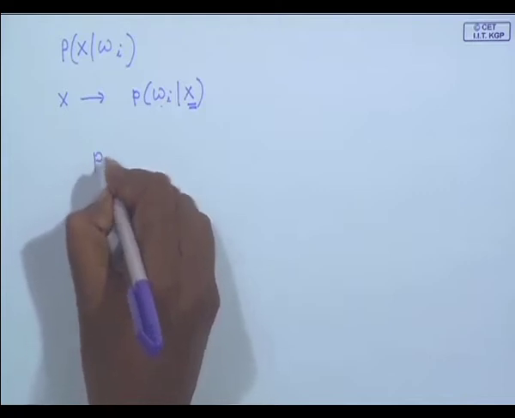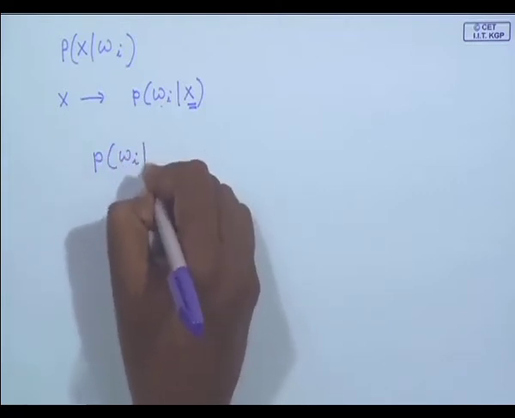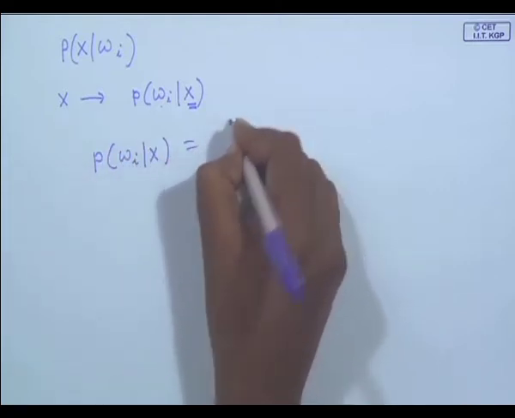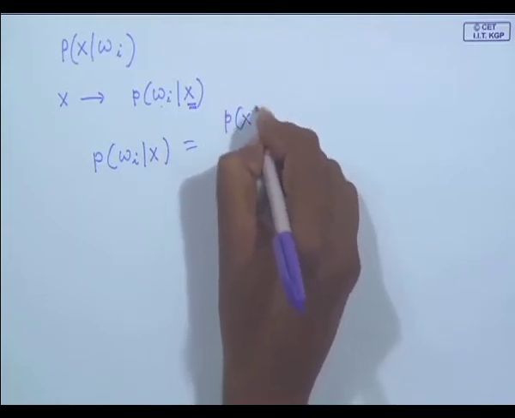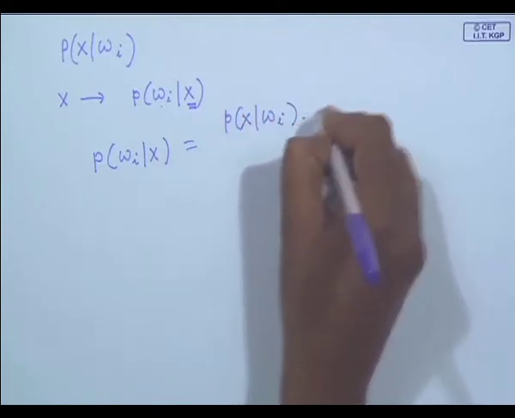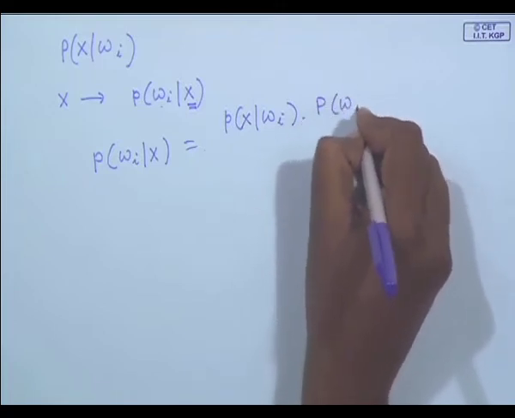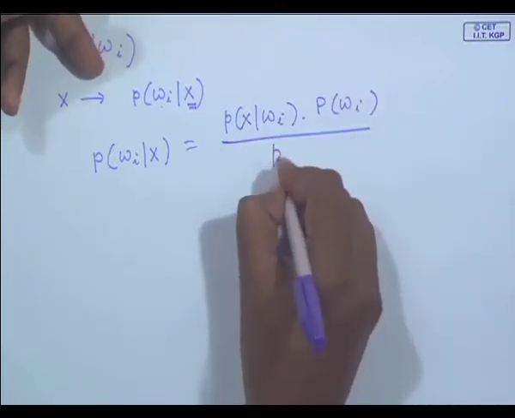And along with that, we can have an a priori probability: what is the probability of occurrence of a particular class? We can combine this class conditional probability density function with the a priori probability by using the Bayes rule, which says that P of omega i given x is nothing but P of x given omega i into the a priori probability P of omega i upon P of x.